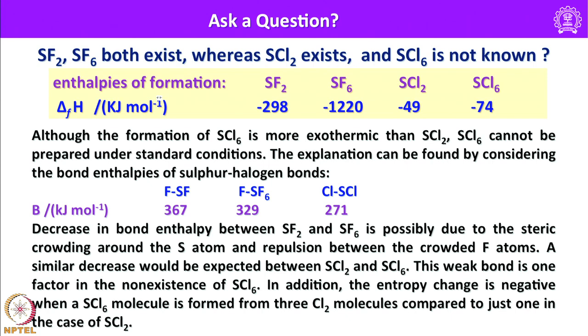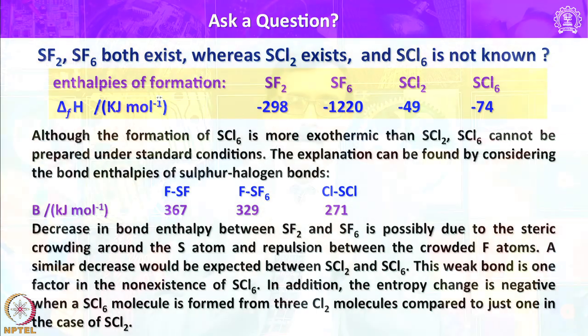So, a similar decrease is anticipated in case of SCl6 compared to SCl2. This weak bond is one factor that makes the preparation of sulfur hexachloride a bit difficult. In addition, one can also consider the entropy change. Entropy change in both the cases is negative.